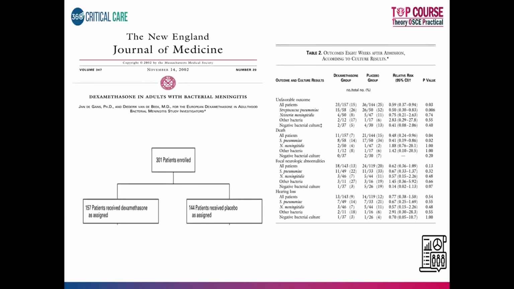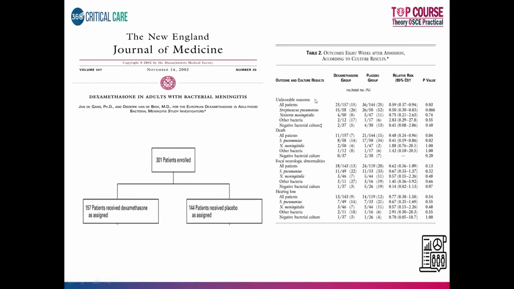Now coming to the example. This was a very old article from 2002. We are going to see dexamethasone in adults with bacterial meningitis. Here around 301 patients were enrolled. 157 patients were receiving dexamethasone and 144 patients were receiving placebo. Now, this is the outcome which they have seen.